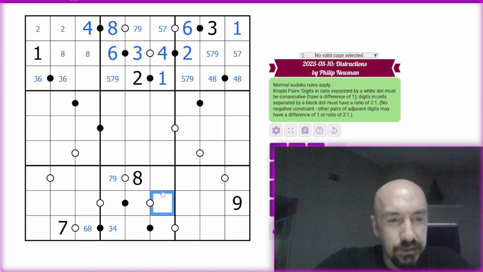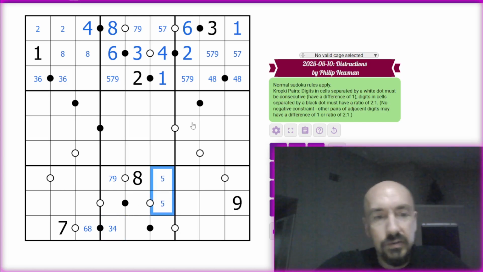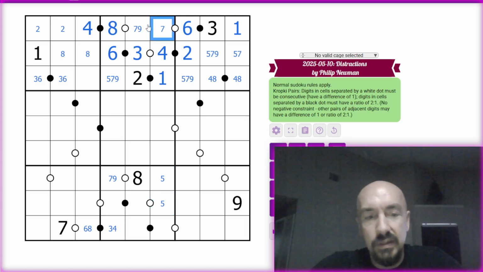The white crop keys are throwing me because a 5 cannot be on a black crop key, but it could be on a white. So I think that puts the 5s here. Yeah, because these can't be 5s, these can't be 5s, that can't be 5. So then, yeah, 5s are here, which removes this 5. So this is now a 7.